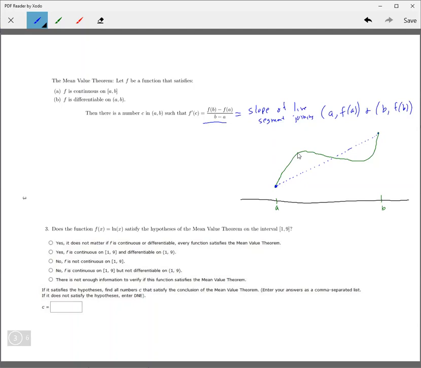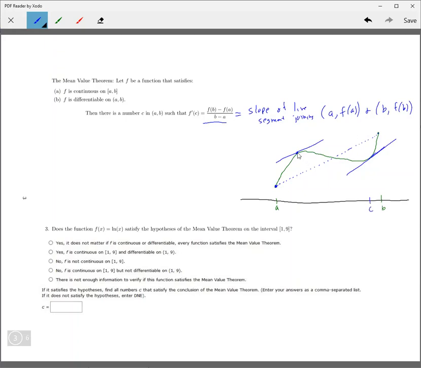Okay, so it says that there has to be a point where the derivative is equal to the slope of the line, and so maybe right here. Maybe the tangent to the curve right here is parallel to this line, and there's probably going to be another one over here, by the way. You're just guaranteed at least one such value.